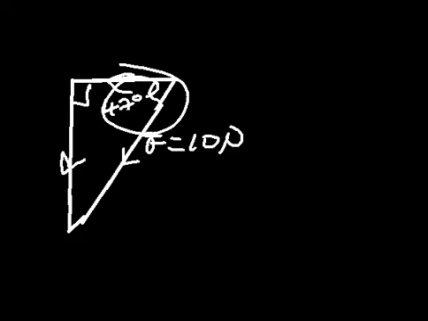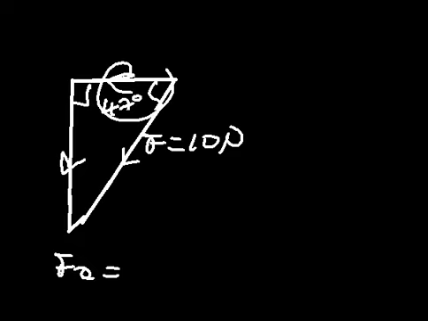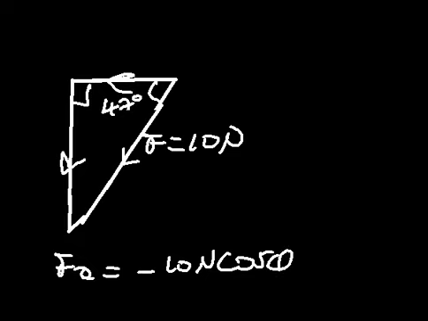Since the angle is against the x-axis, we'll have Fx being given as, and since x is pointing towards the negative, we'll have negative 10 newtons times cos theta, which is cos 47 degrees. So what is the answer there? 10 times cos 47 will be given as 7 newtons.